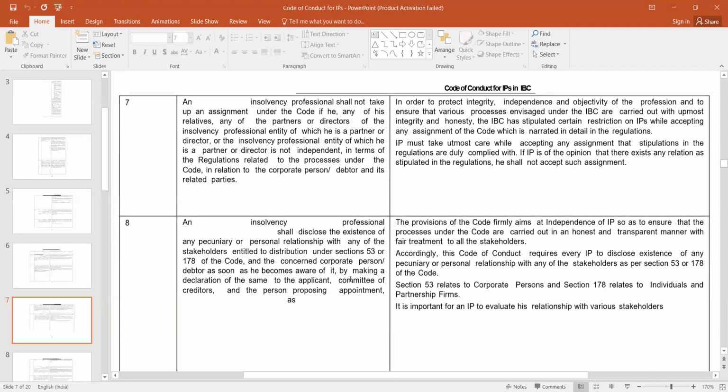So you have to disclose the existence of any pecuniary or personal relationship with any of the stakeholders who are entitled to distribution under section 53 or 178 of the code, and the concerned corporate person, debtor, as soon as he becomes aware of it, by making a declaration of the same to the applicant, committee of creditors, and the person proposing appointment. So if there is any pecuniary or personal relationship, you must disclose it.